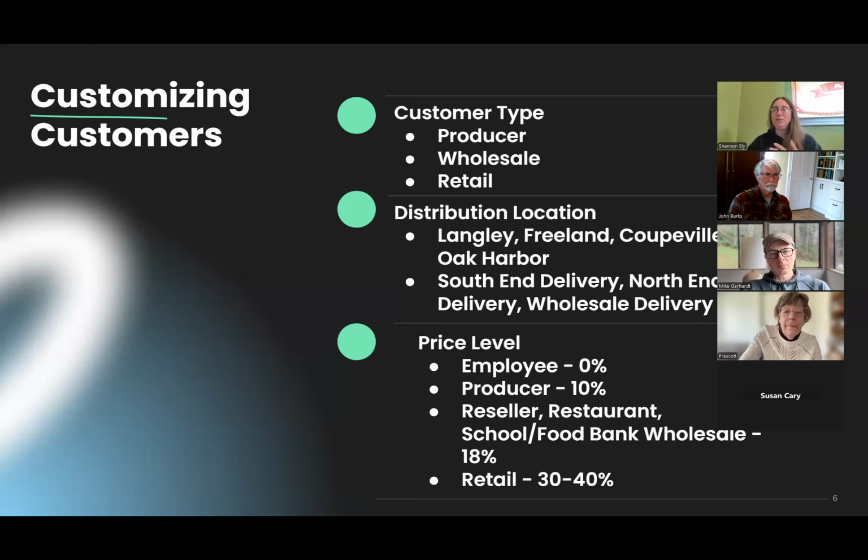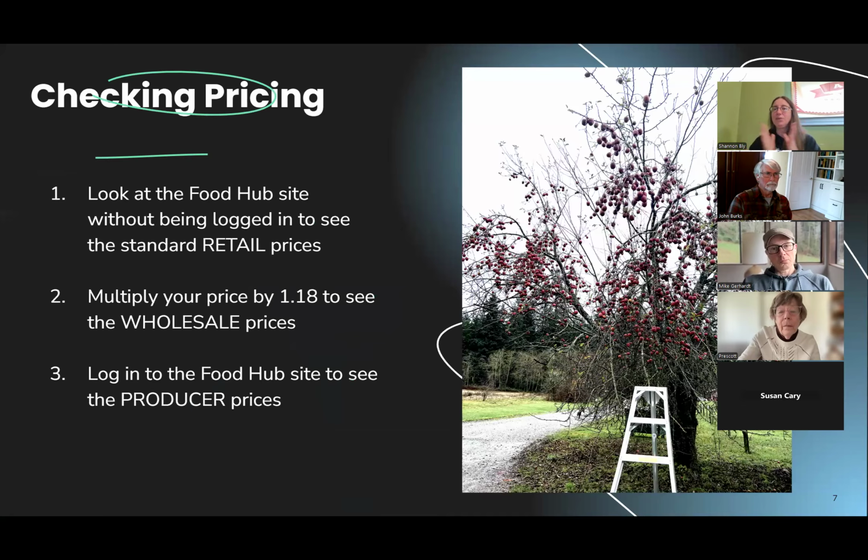If you want to see the retail prices that most of the customers are going to see, you can go to the Food Hub site without logging in, and you'll see the standard retail prices at their markup, which is 30 to 40%, depending on the category of the product.